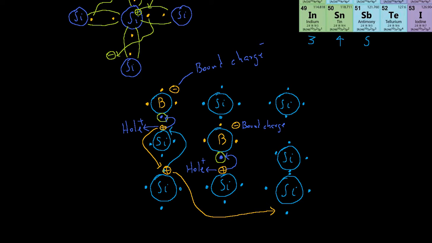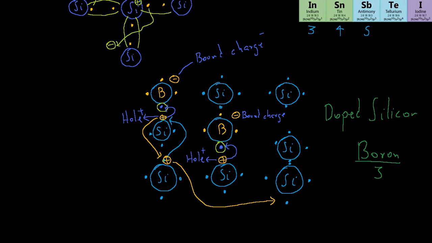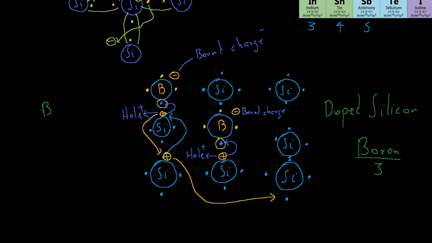Okay, so now we have doped silicon, and we doped it with boron. Boron has 3 valence electrons, so if you take a boron atom like this, you have the inner electrons that don't take part in bonding, and then you have 1, 2, and 3 electrons around the atom.